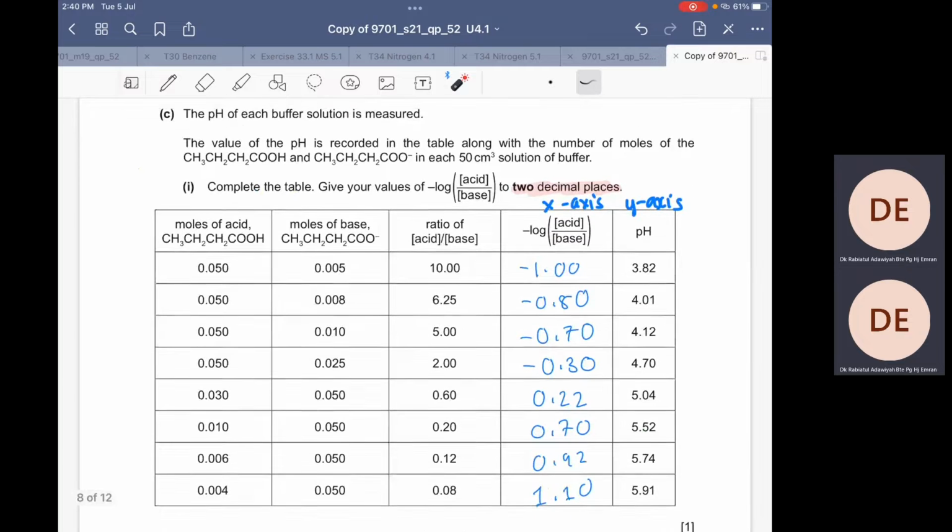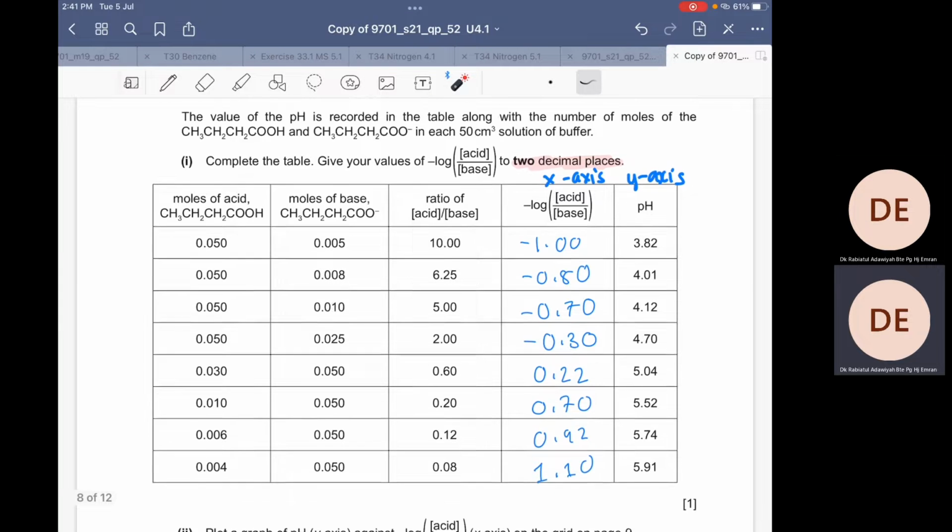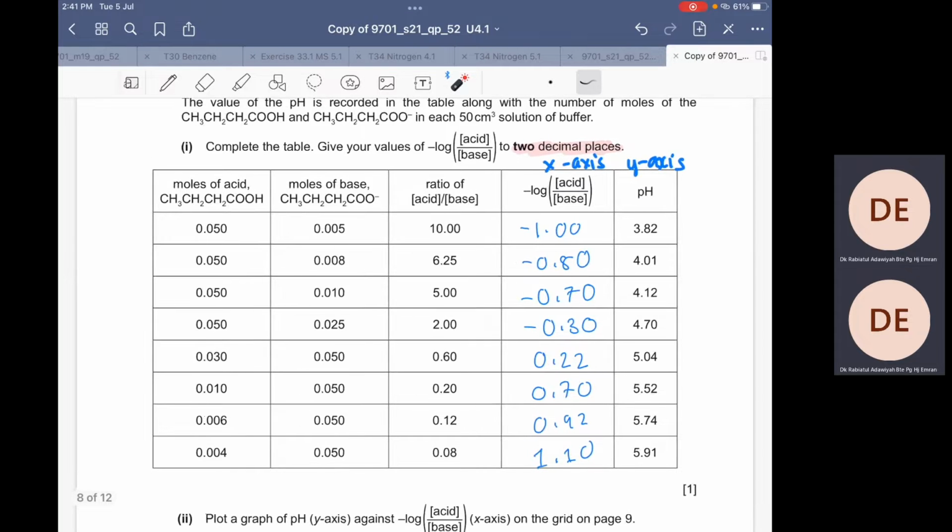Again, I still don't know what's happening, but I just read the question. They say to give values of minus log of acid over base. So minus log of acid over base is basically minus log of this number: minus log of 10, minus log of 6.25, minus log of 5, minus log of 2, and so on.